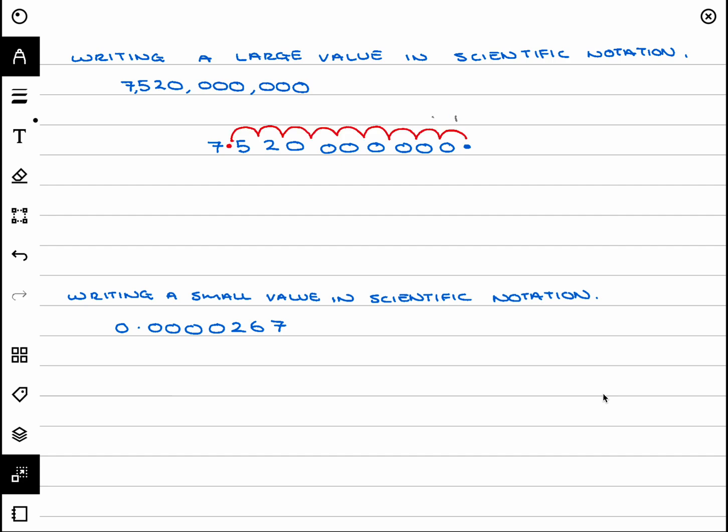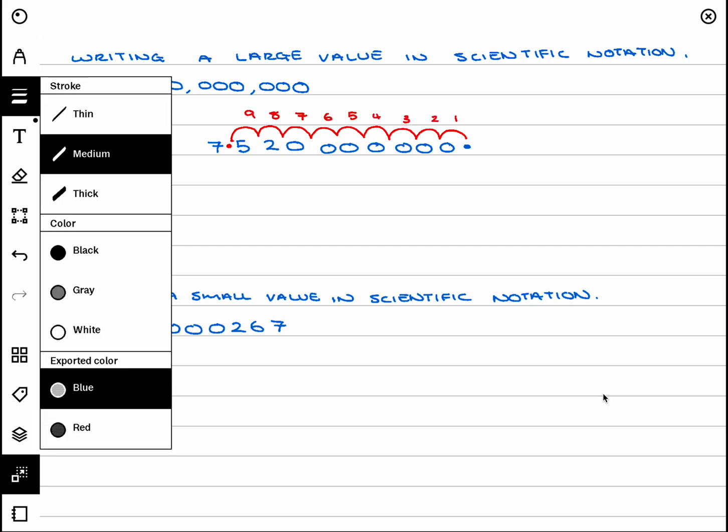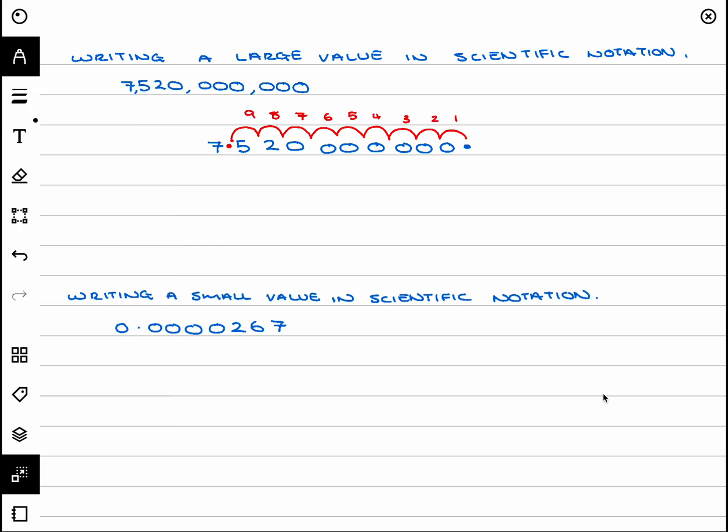So I've moved it 1, 2, 3, 4, 5, 6, 7, 8, 9 times. And I can then write this value as equaling 7.52 times 10 to the 9. Okay? That's how we write a very large value in scientific notation.